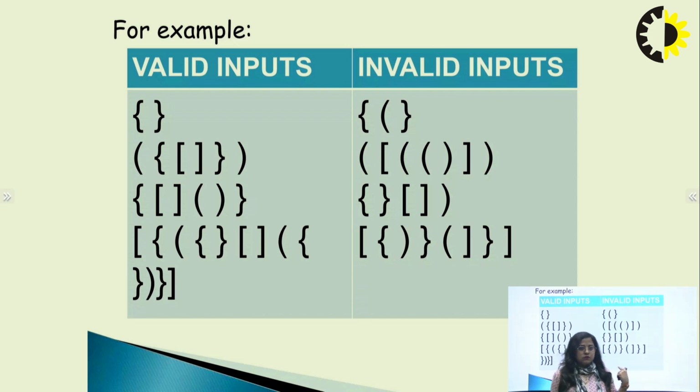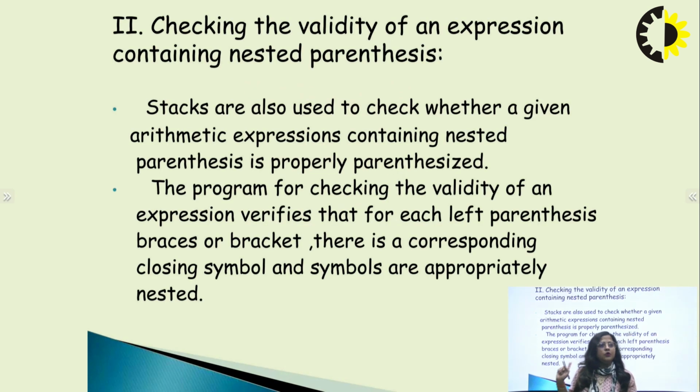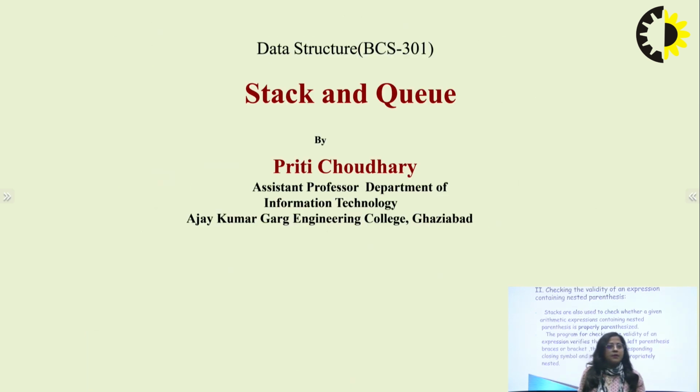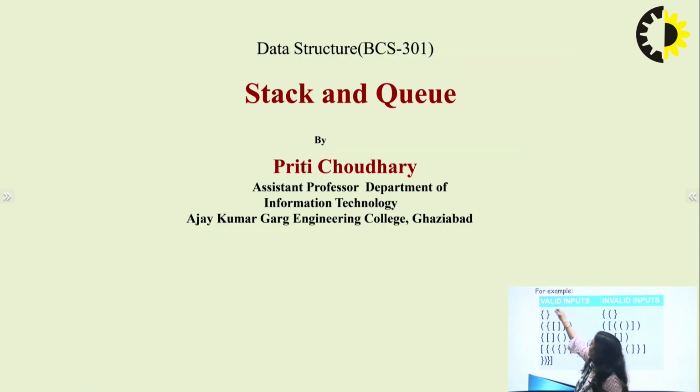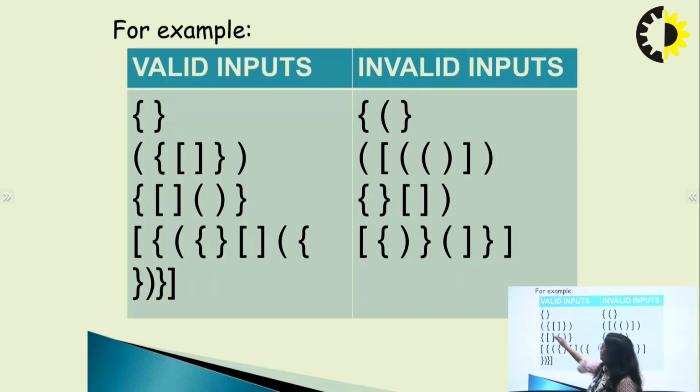In the last slide of the last lecture, I discussed valid inputs. According to this, these are some applications. So in a stack, here the valid input is this, and this one is the invalid input. It means when you start any parenthesis, you must close this parenthesis first.